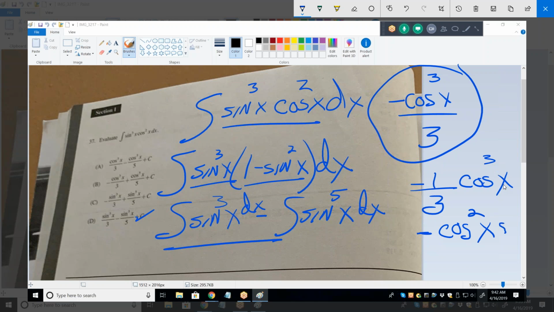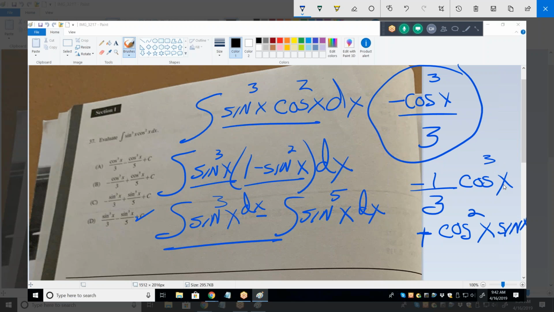Times negative sine x. Something I'm doing wrong here. You know what? Let's table this until I can review those 3 pages.